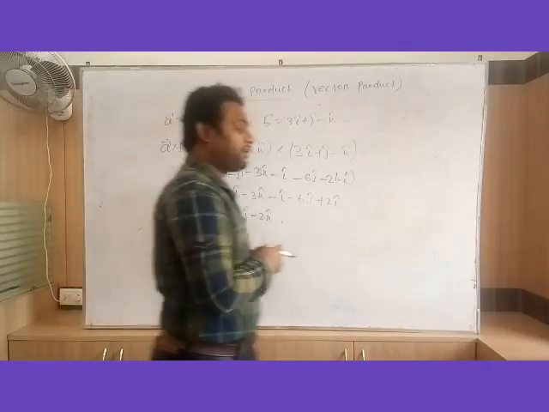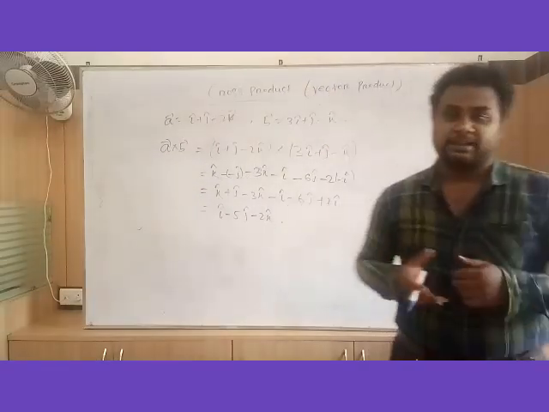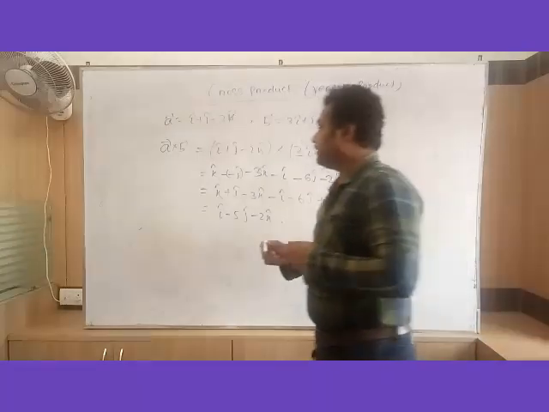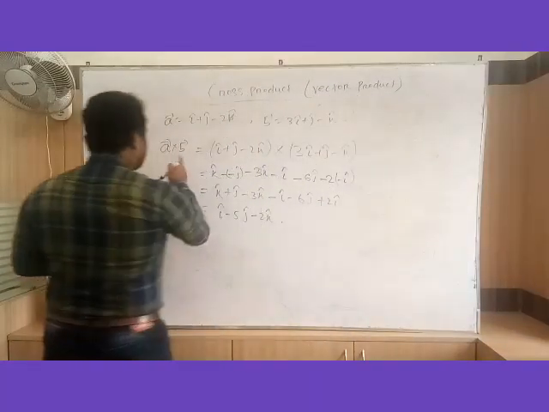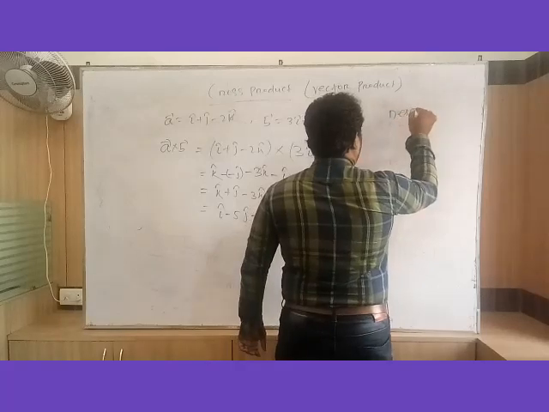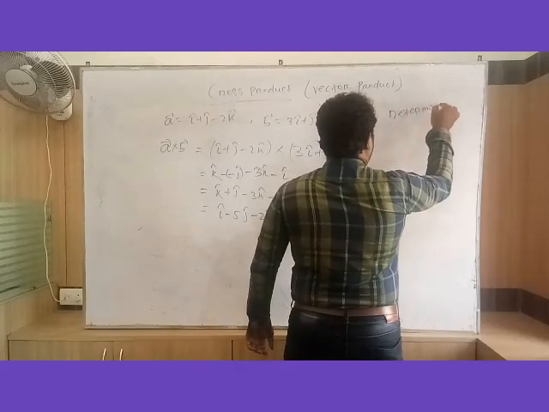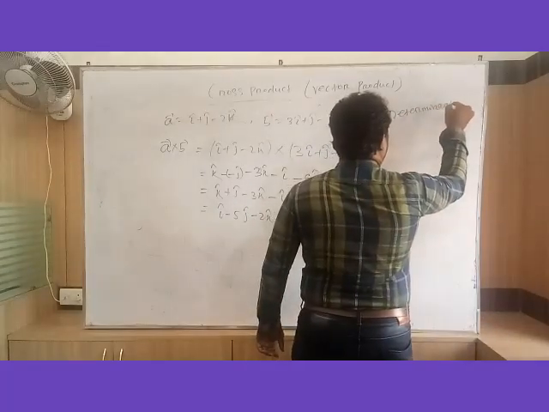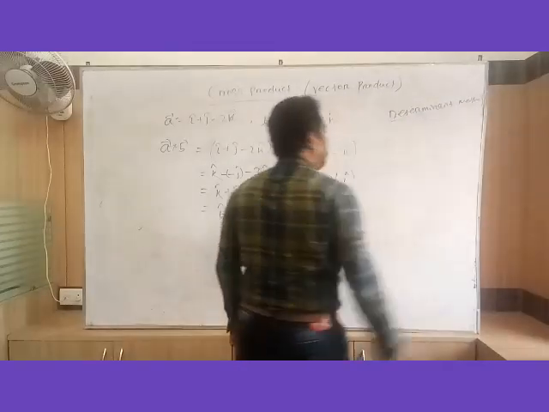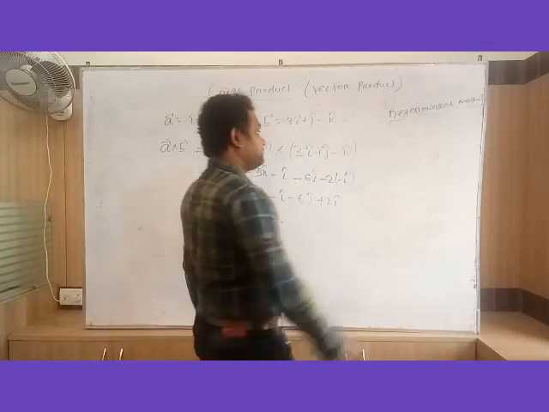Another way of finding A vector cross B vector is the determinant method, which is a very easy way to find the value of the cross product of two vectors. Now this is the formula in the determinant method.